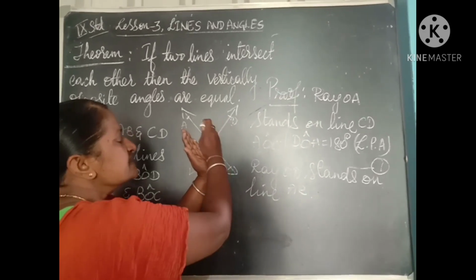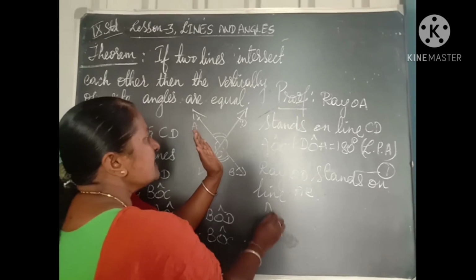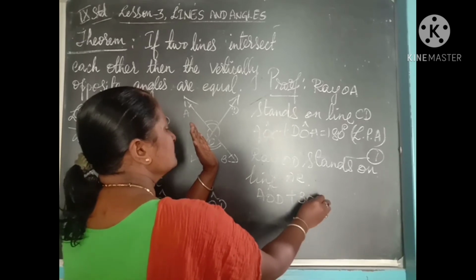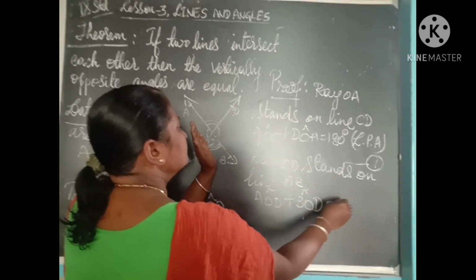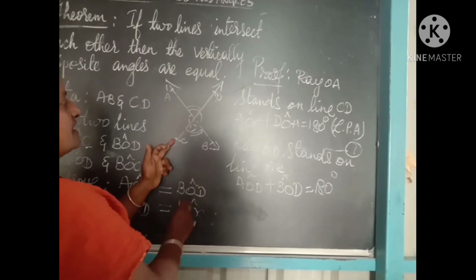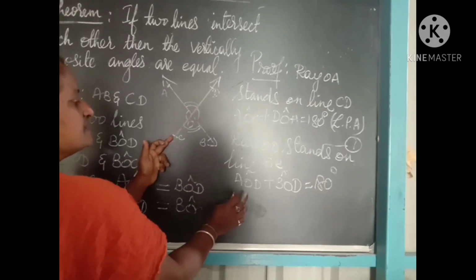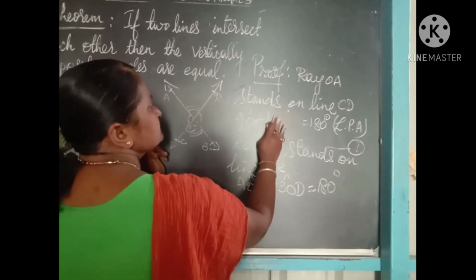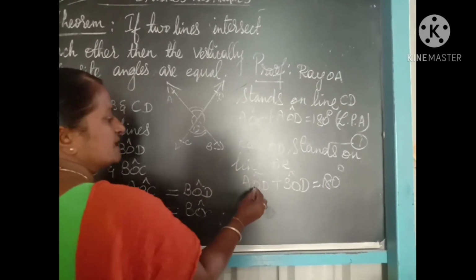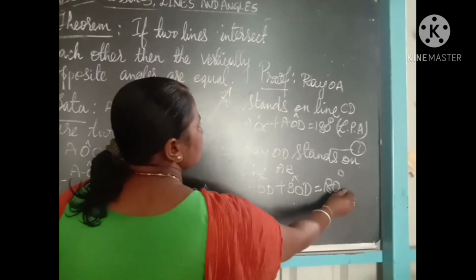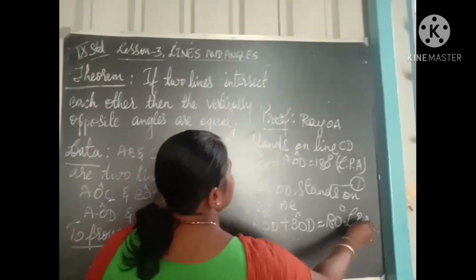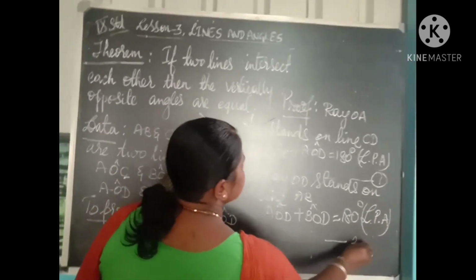The sum of the two angles is equal to how much? 180 degrees. That is, angle AOD plus angle BOD is equal to 180 degrees. Listen here, AOD plus BOD is equal to 180 degrees. Same reason, linear pair of angles. Call this 2.